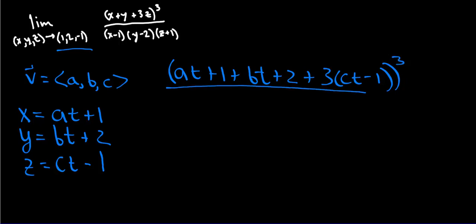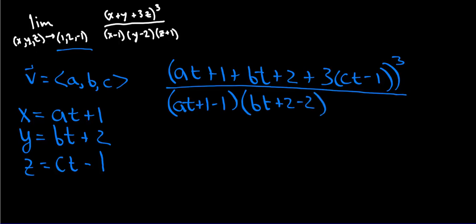Now let's see down here. Down here we've got x minus 1, so that's AT plus 1 minus 1. This is BT plus 2 minus 2. And then CT minus 1 plus 1. Okay, so you see how that all turns out.